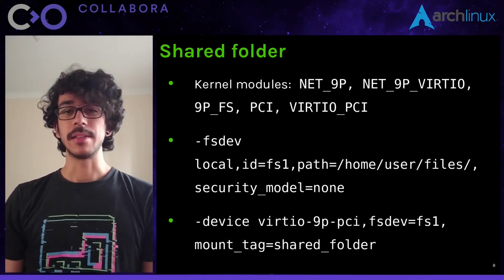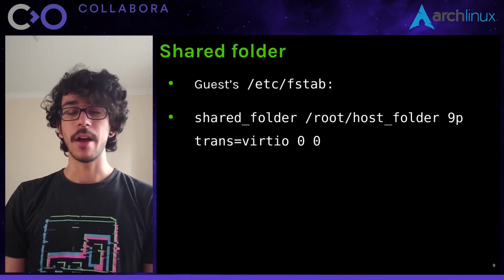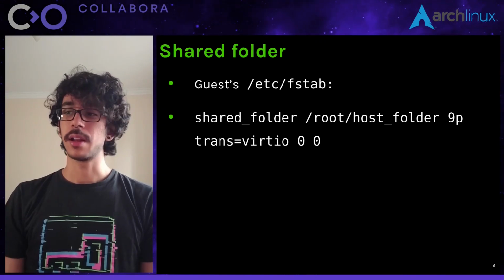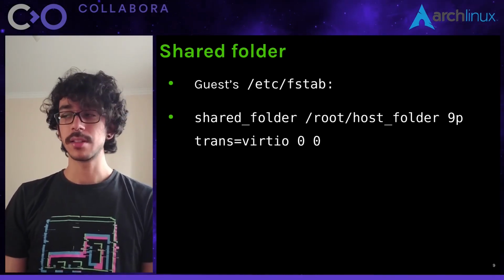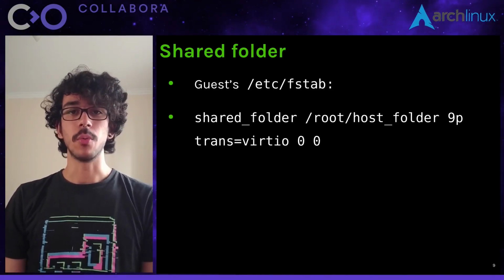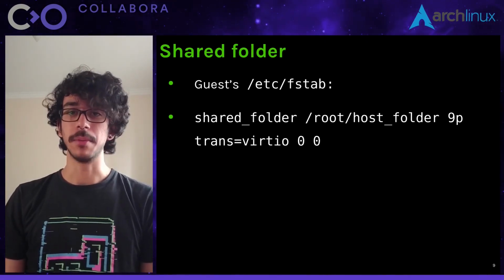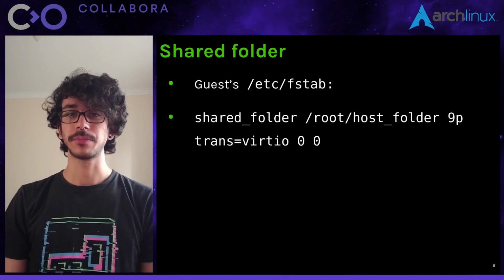And then inside the guest fstab file, you just need to add this line for the shared folder device, specifying where you want the mount point to be inside your guest.